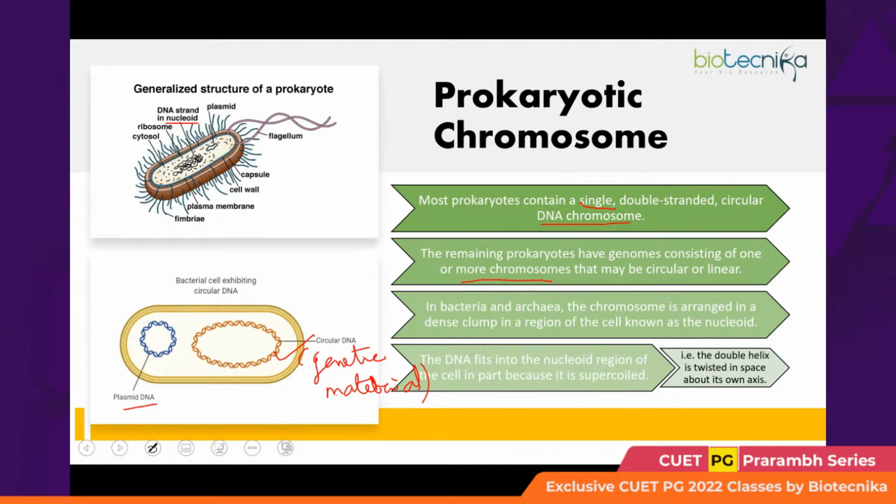It can replicate on its own, and it may or may not be essential for the life of the cell. Sometimes these plasmids contain genes that provide the cell with the ability to survive or resist certain antibiotics.